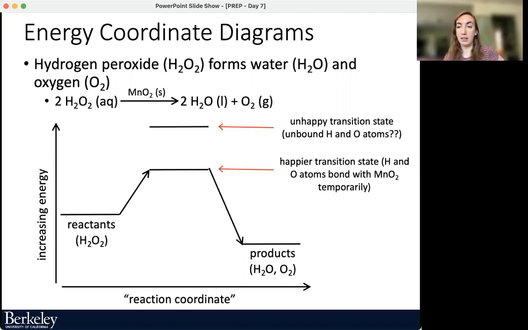When you have a catalyst, it is involved in the intermediate state, but it doesn't actually change from the beginning to the final state. And just to indicate that it's there and it's helping, we put it above the arrow. I think the thing that you would need to be comfortable with is if you see a reaction written like this, you would need to know that MnO2 is a catalyst.